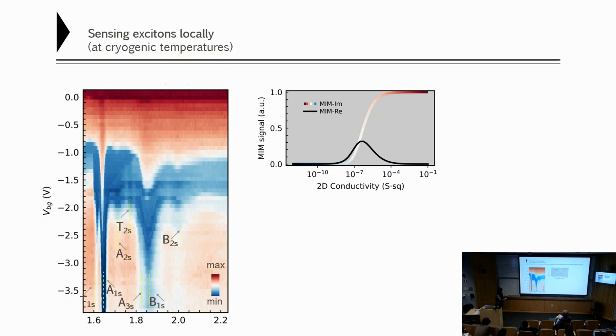And if we do a one-to-one mapping to the optical measurements, we know that these are the excitonic features. So we are seeing the excitonic features in a conductivity way. And here is how this color map looks. So red means super conductive and blue means super insulating.